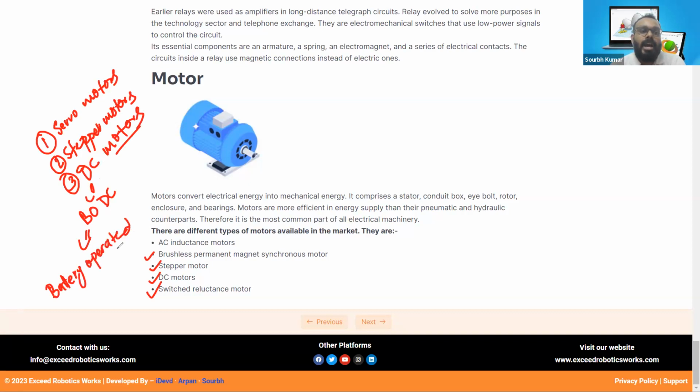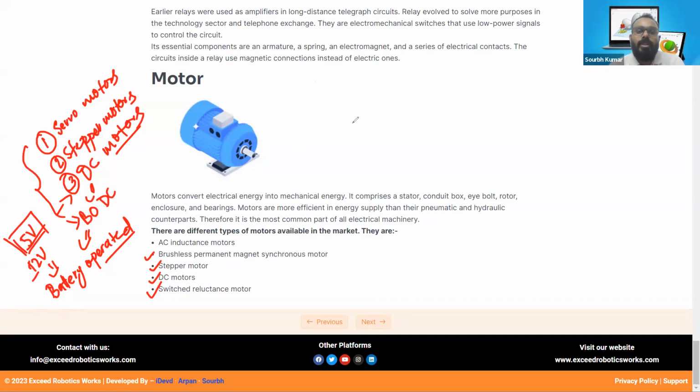Why battery operated? Because these BO motors run on very low voltage, that is 12 volts, or they can even run at 5 volts. So this will be suitable for our microcontroller application. We are going to utilize these three kinds of motors.